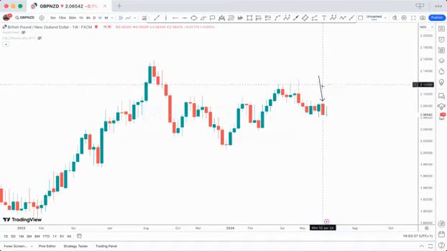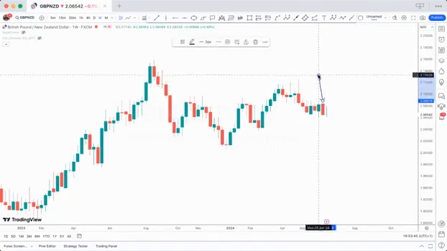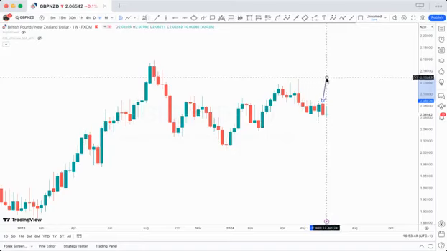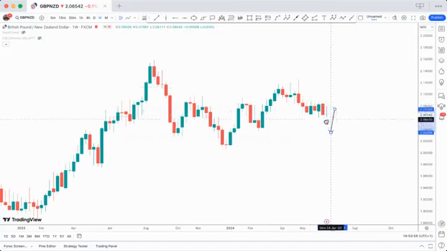So this candle right here that I'm pointing at has actually engulfed this bullish candle, right? And this means that the sellers have overpowered the buyers. So it is necessary for the market to continue in this direction.